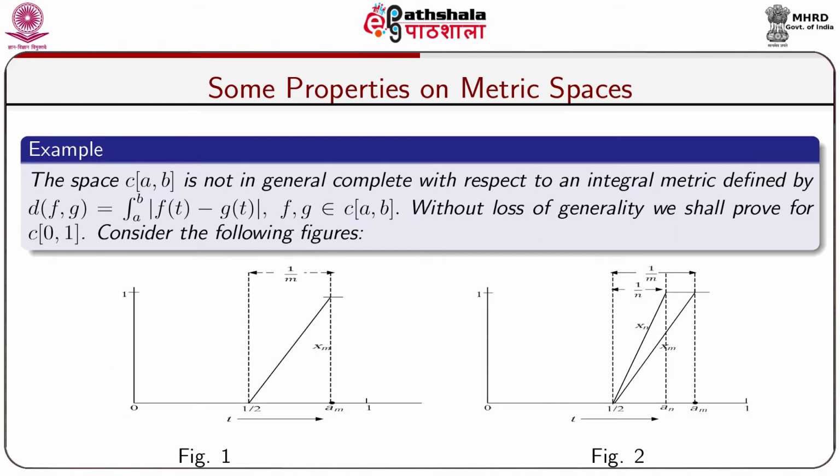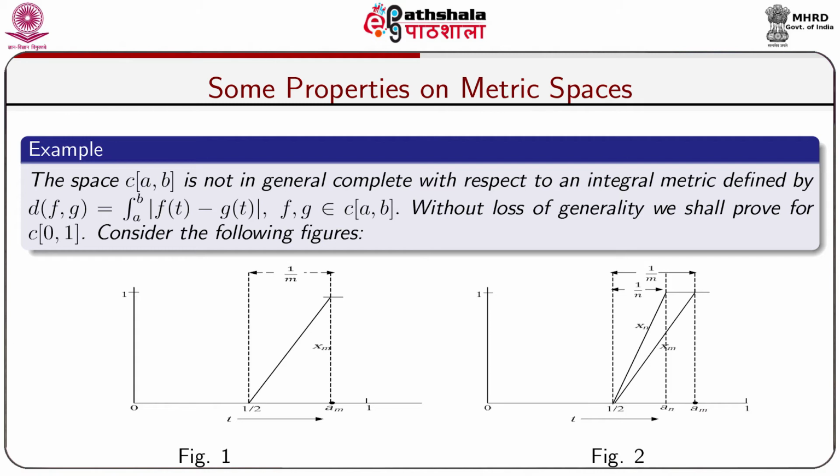So, this is an example of an incomplete metric space. The same space is considered here, that is C[a, b], the collection of all real valued continuous functions over the closed interval [a, b], and we define another metric known as the integral metric, defined by d(f, g) equal to the integral from a to b of modulus of f(t) minus g(t), where f, g belong to C[a, b] and t belongs to [a, b].